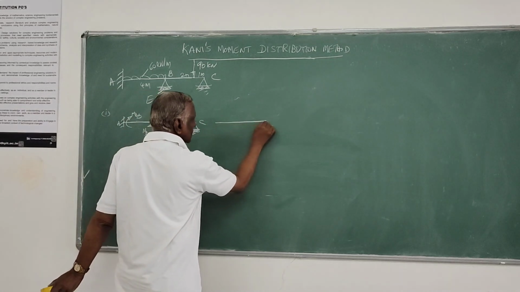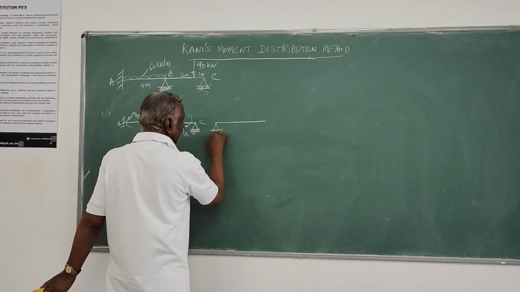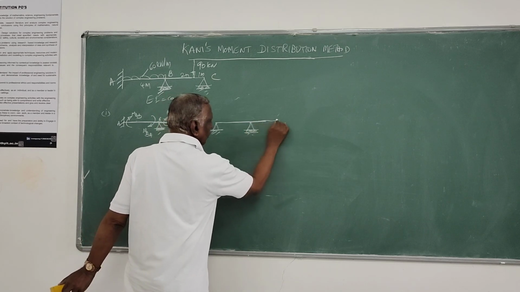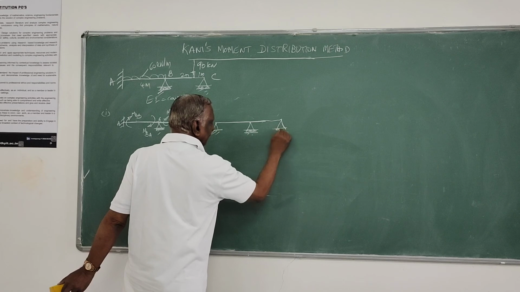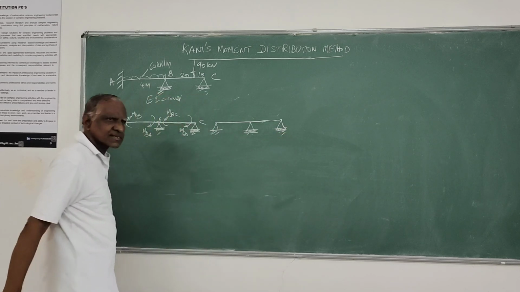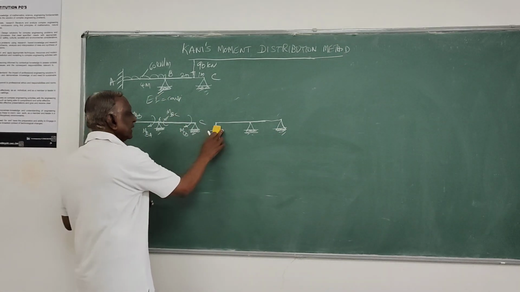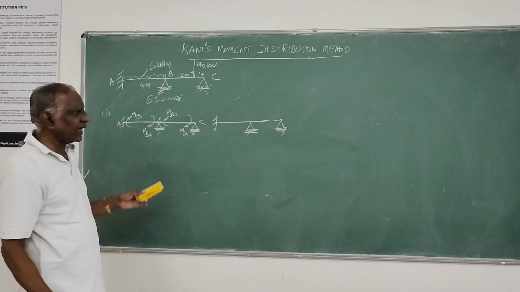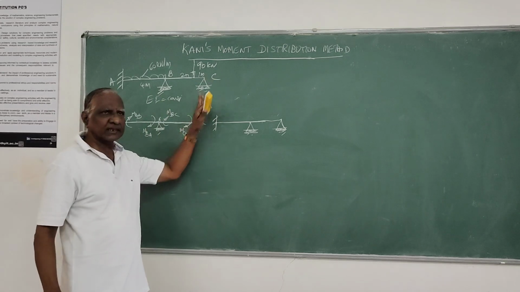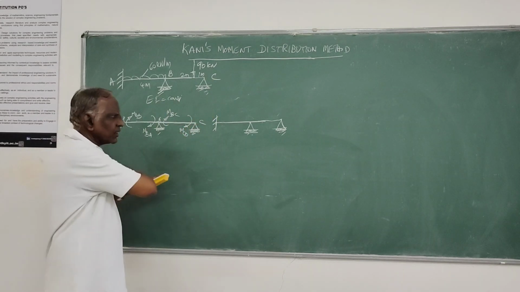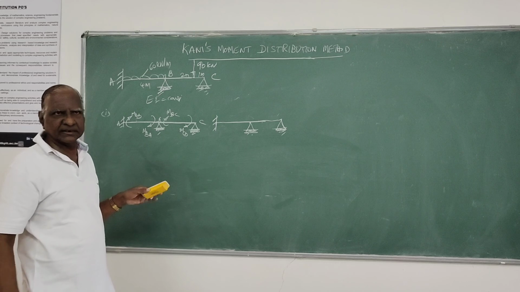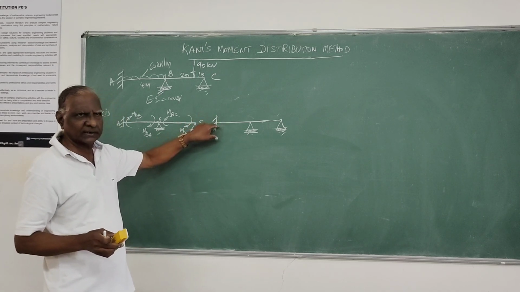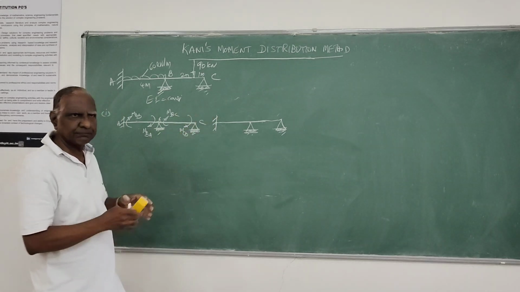Then, of course, the same thing, you have to identify the member end displacements which are going to occur in the member ends. Here, this end A is fixed, no displacement occurs. As I told you, there will be possibly two displacements, because we assume members to be axially rigid. Out of the two displacements, vertical displacement and rotation, both are not occurring here.